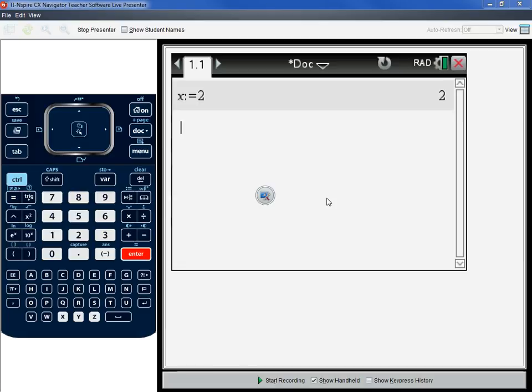Now I have 8x squared minus 2x minus 1. If x was 2, the area of rectangle 1 would be 27. And if x is 2, the length of rectangle 1 would be 2x minus 1, which is 3. So the area of 27 divided by the length of 3 should give me a width of 9.